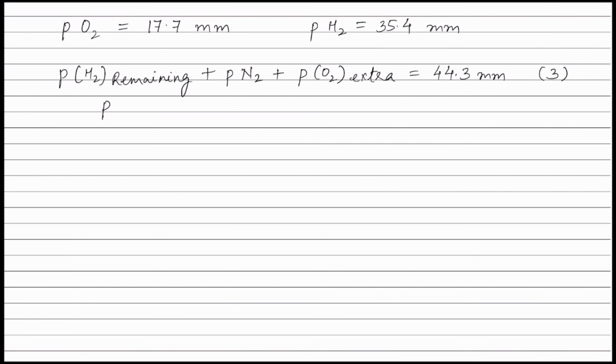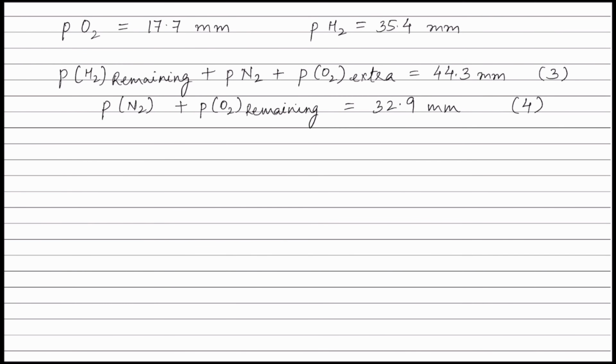Partial pressure of nitrogen and partial pressure of remaining oxygen is equal to 32.9 mm. Let this be equation 4. Now on adding extra oxygen, the remaining hydrogen combines with oxygen to form water.